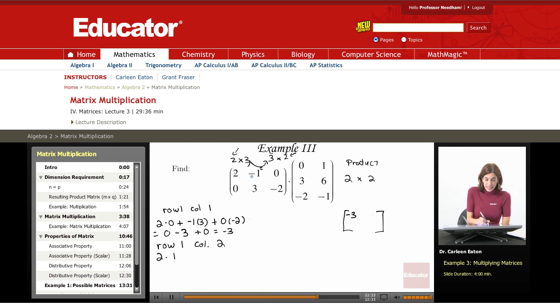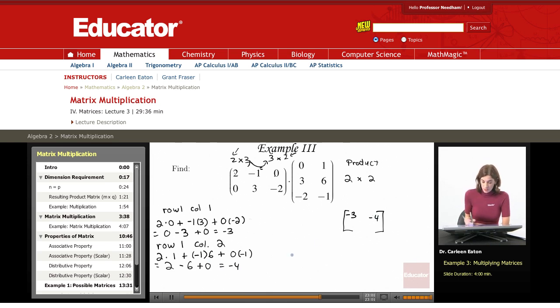Next set of elements is -1 and 6, so plus -1 times 6. Then I still have row 1, column 2. I have 0 times -1. Figure that out. That's 2 minus 6 plus 0. So it's just 2 minus 6, and that gives me -4. So row 1, column 2 is -4.